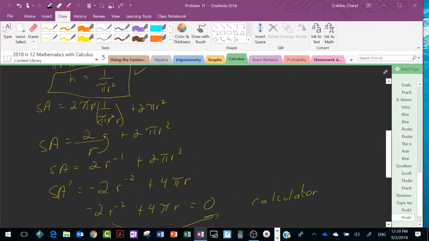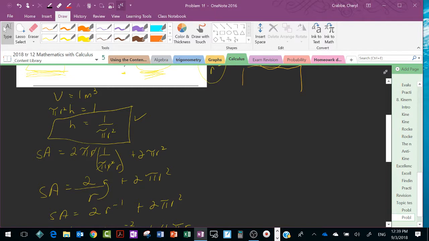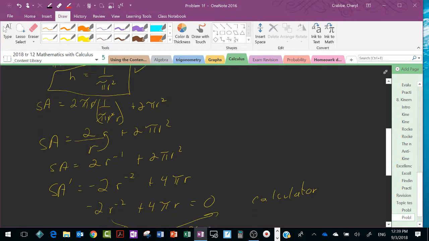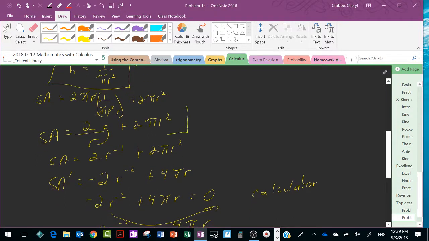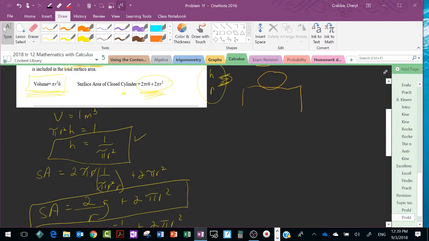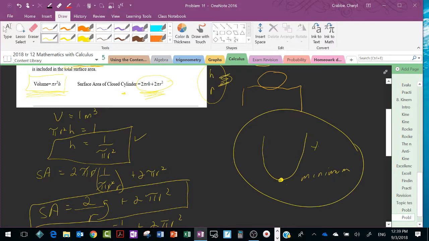Now once I find r, I can simply stick that back into my formula that I have written in terms of only r. And the thing is that with this, we know that with a positive parabola, we have only a minimum point.